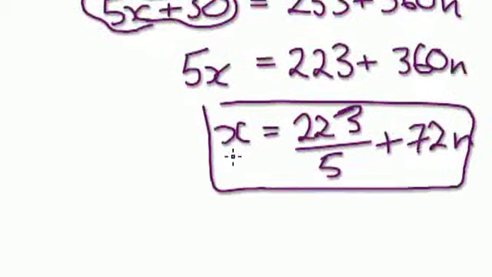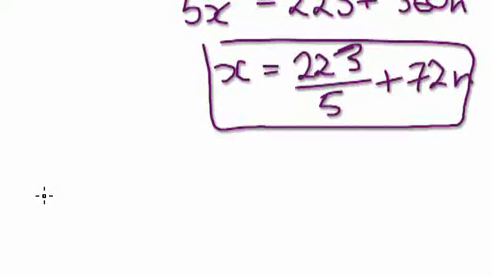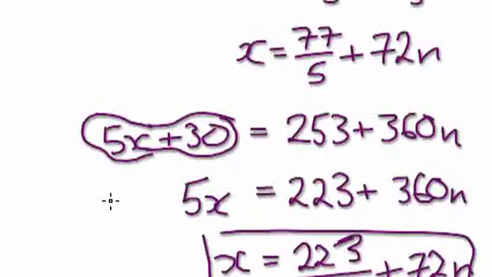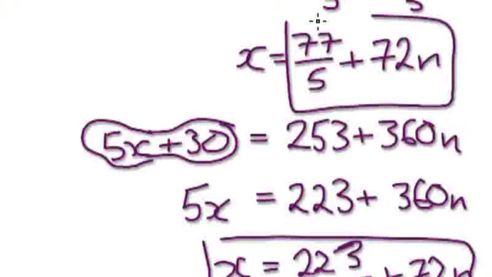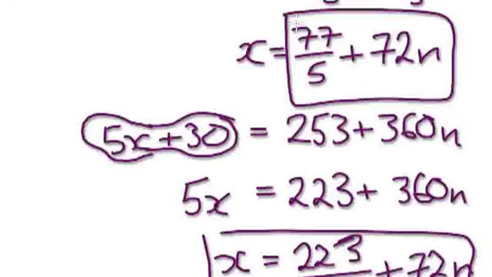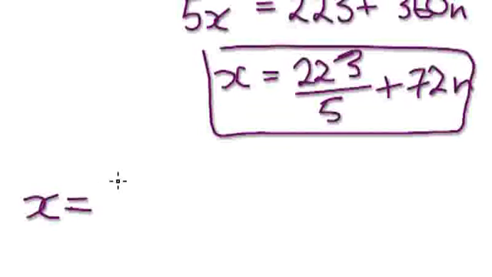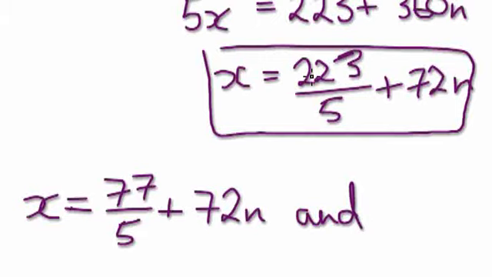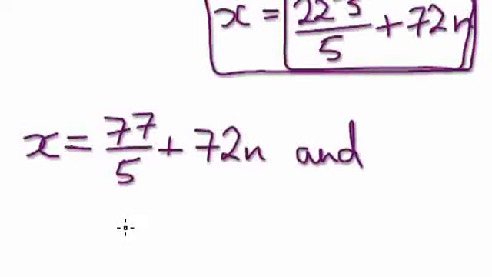So you can write x equals 77 over 5 plus 72n, this is our first set of solutions, and 223 over 5 plus 72n, this is our second set of solutions.